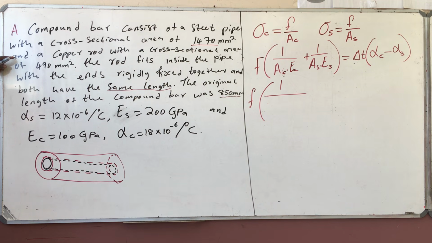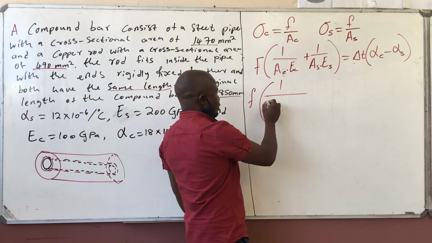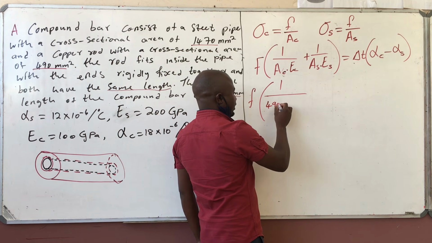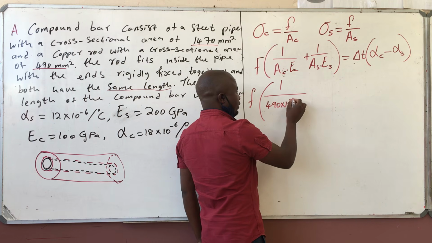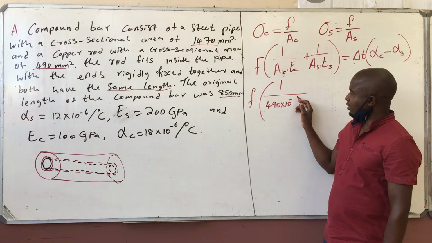So this one is for copper, right? So if it's for copper, what do I substitute down there? 490 times what? 10 to the power negative 6.